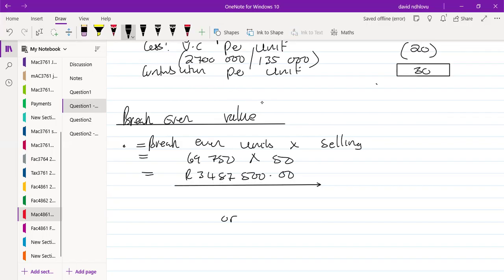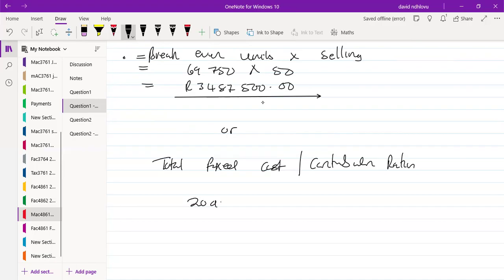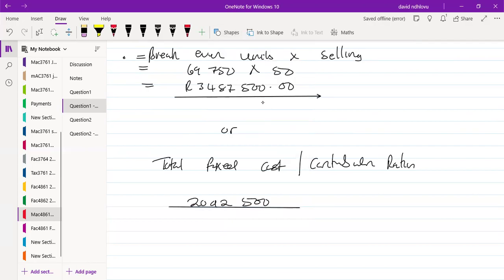Or we can use the formula which is most favored, which is basically to say your total fixed cost divided by the contribution ratio. So you take your 2,092,500, which is our total fixed cost, and divide that by the contribution ratio.